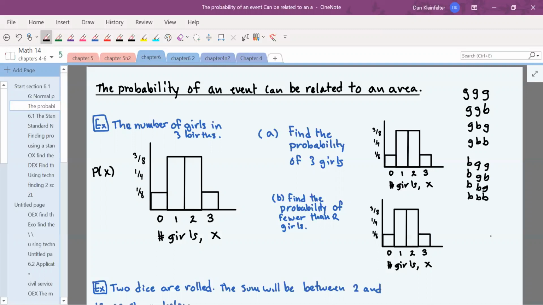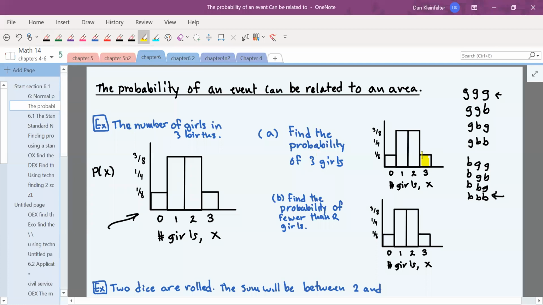All right, so then we're going to consider what is possible as far as number of girls. So you can see by taking a look at this first histogram that the probability of getting no girls, there was a 1/8 chance of that occurring. The probability of getting 3 girls, there was a 1/8 chance of that occurring. And then the other 2 possible outcomes, that of getting 1 or 2 girls, each had a 3/8 probability. So now, taking a look at the 2 histograms to the right, the probability of getting 3 girls, we saw that that has a probability of 1/8.